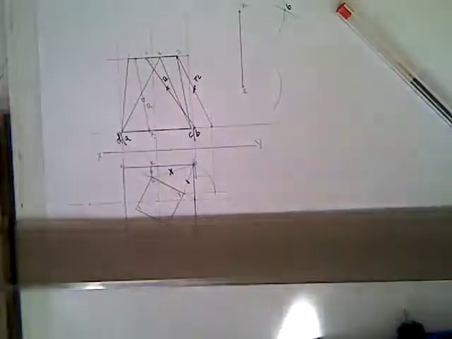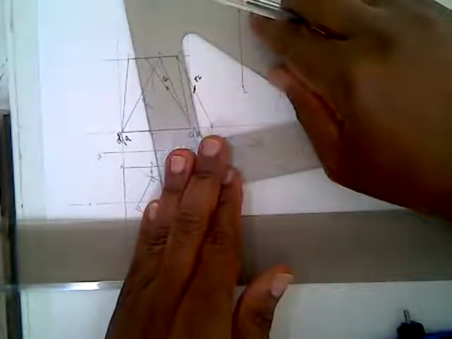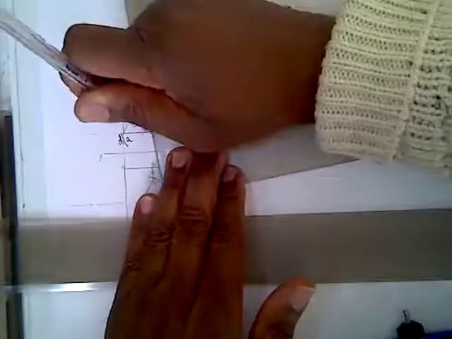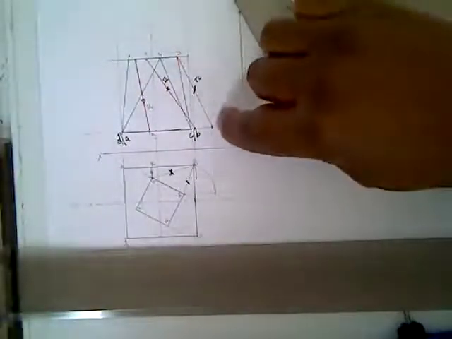The one that is marked 0 is also the true length. Now this one is the true length of 3B.